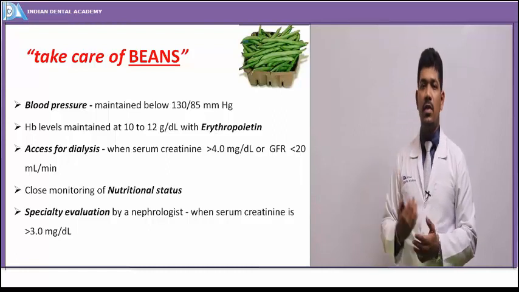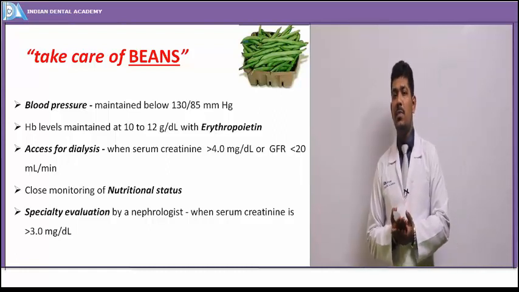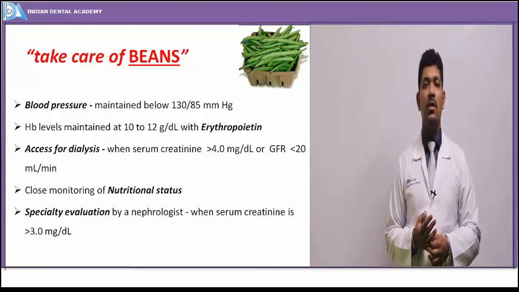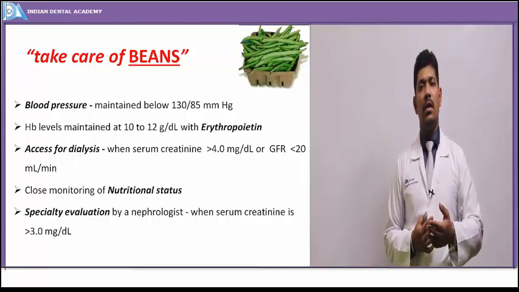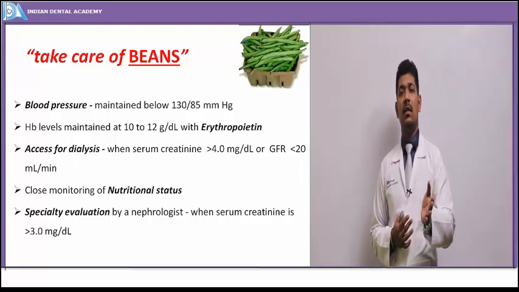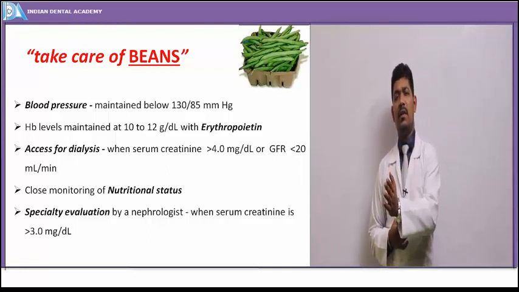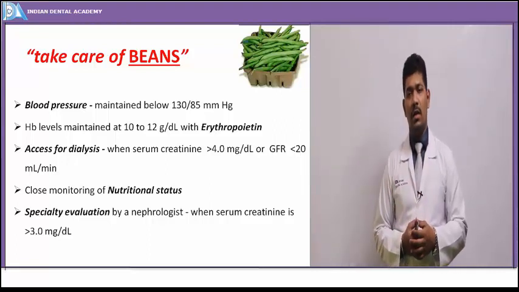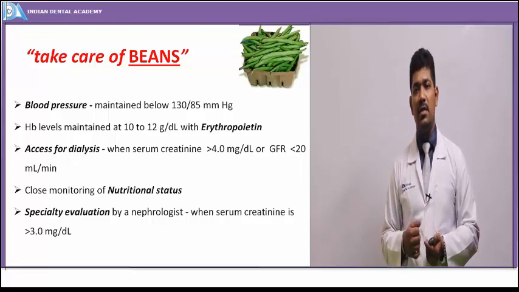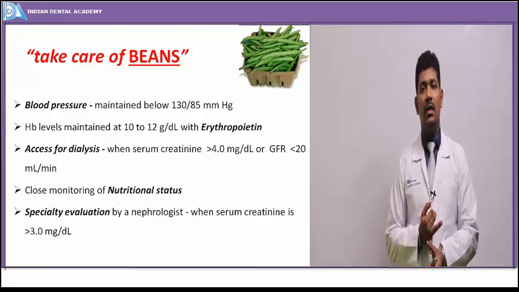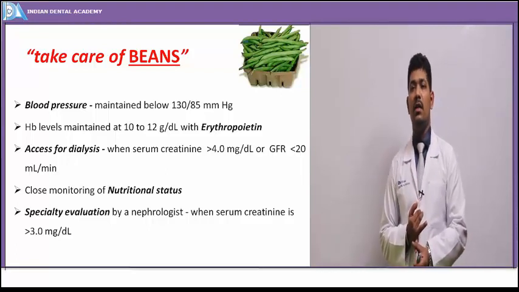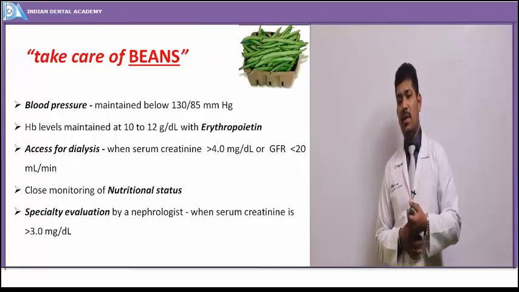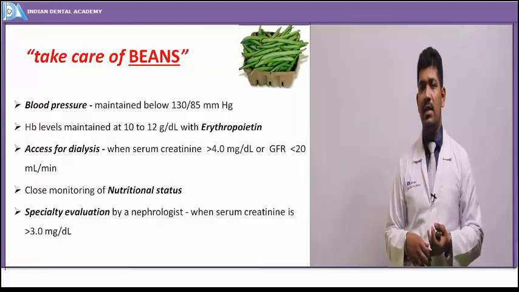N stands for the nutrition status. Now, the diet chart of these particular patients is very different from the normal population, because any kind of diet which has an excess effect, or which needs detoxification with the help of the renal system, has to be avoided in these patients, wherein already the filtration capacity or the excretion capacity of the kidneys is less.